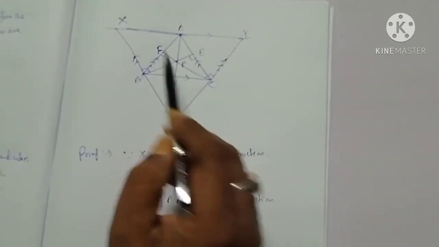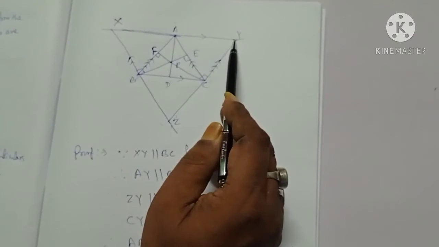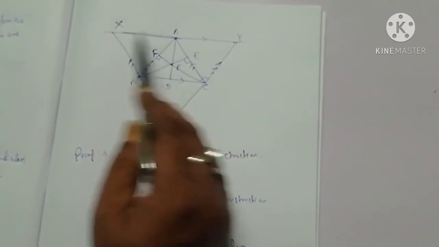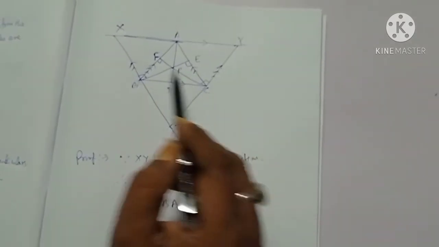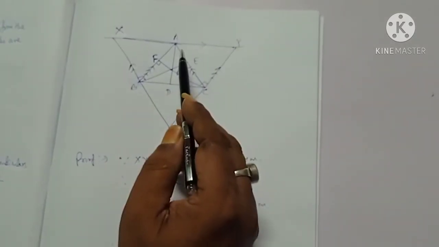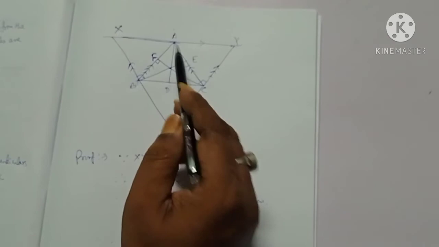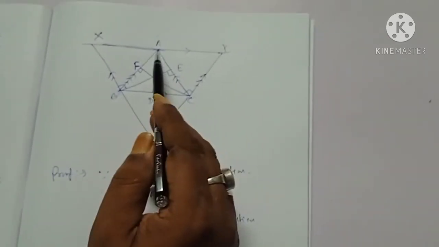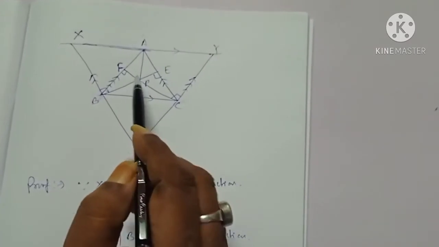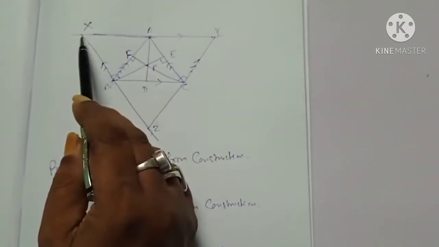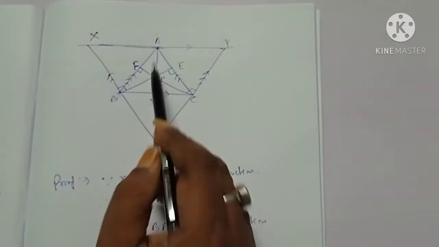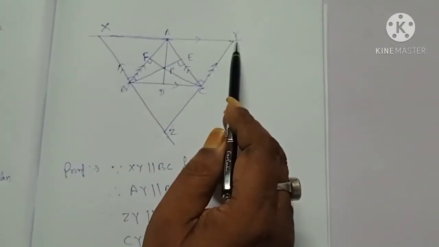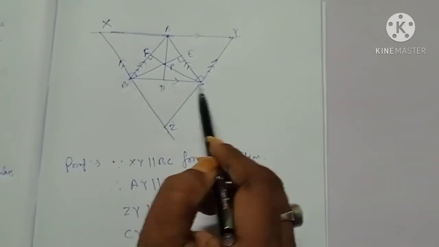Since AD is the perpendicular bisector of XY and BC is parallel to XY, AD is perpendicular to BC. Or we can say AP is perpendicular to XY. So AD is perpendicular to XY. So AD is perpendicular to BC.